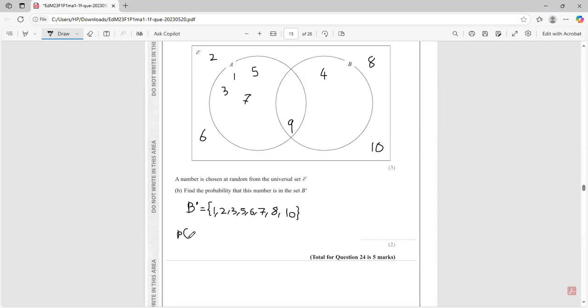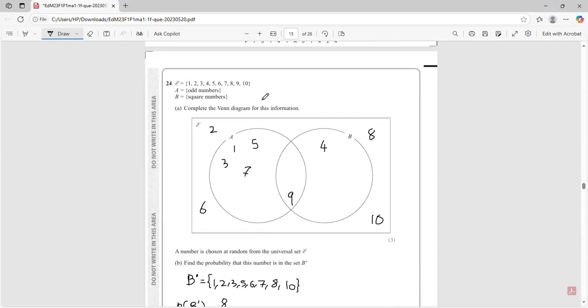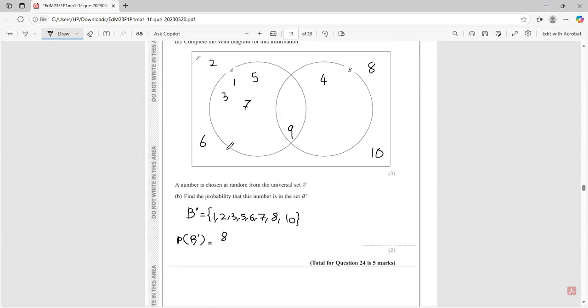Probability that it is going to come from B prime. Don't forget your prime, because B prime and B are two different things. Very, very different things. B prime will be equal to 8 over, now let us find out how many are in the universal set. 10, thank God it's 10. Can just count it. Each one is standing for itself. 8 over 10.